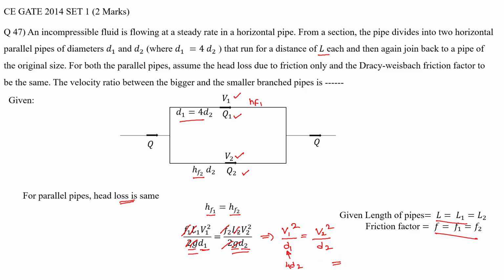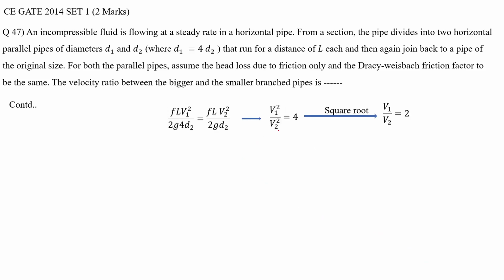So if I substitute, V1 square by 4D2 equals V2 square by D2, and D2 also can cancel. So V1 square by V2 square is equal to 4. If one wants the ratio of V1 by V2, we can simply take the square root of it. So we get V1 by V2 equal to 2.